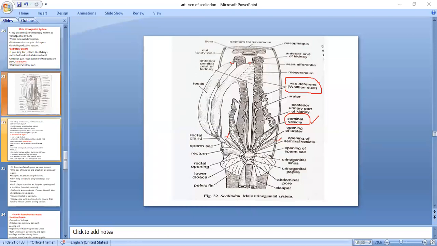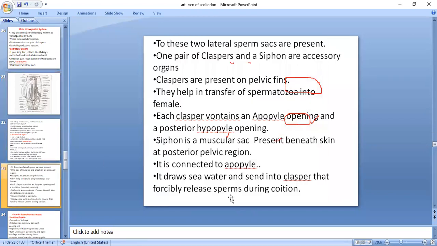On either side of the seminal vesicle, one pair of sperm sacs is also present. That also stores the spermatozoa. Here, these two lateral sperm sacs are present.